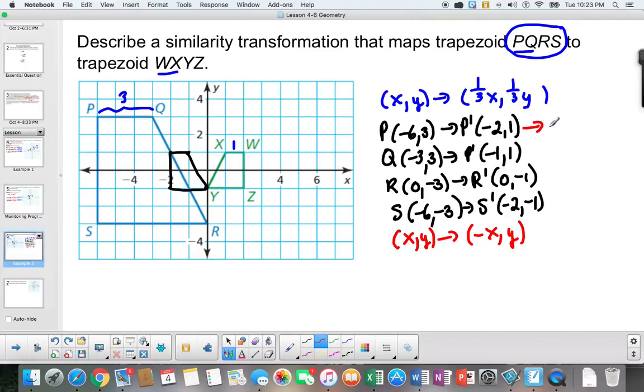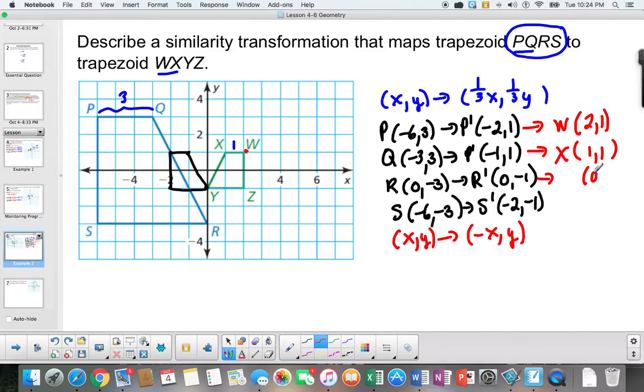And so if I go ahead and operate there, I should be able to get (2, 1), and (2, 1) is W. Okay, when I do this reflection, I am going to get (1, 1), and (1, 1) is our X. And I'm going to do it again.